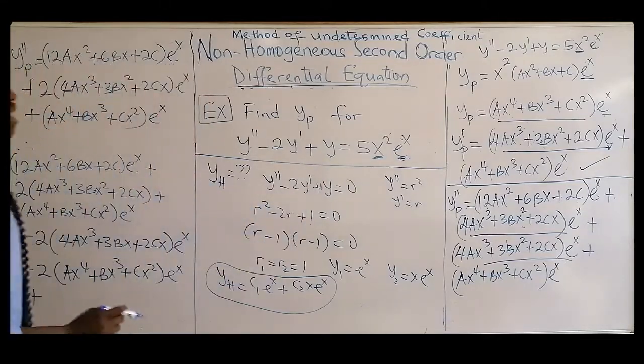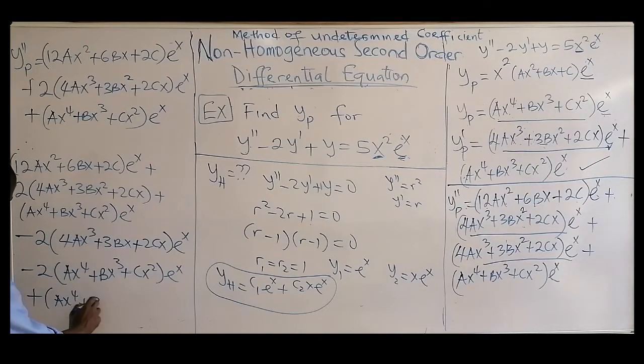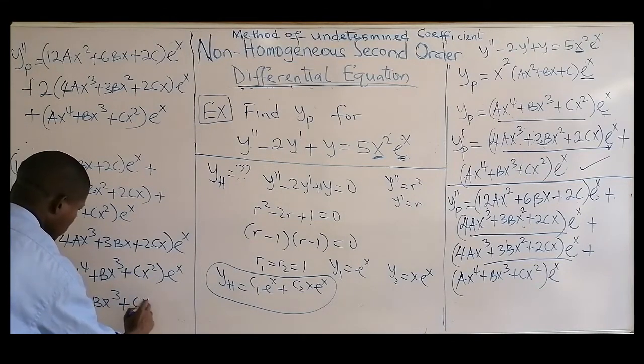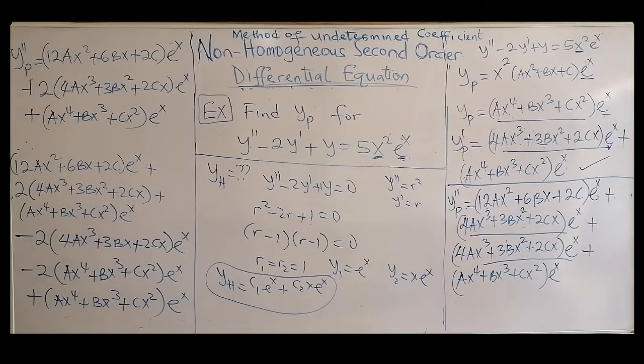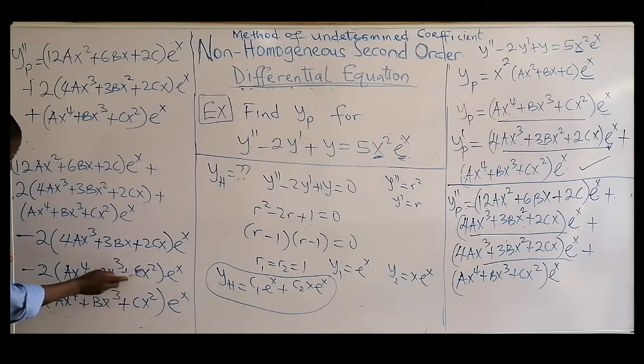what do you have here? The y. And your y is what? The y is ax⁴ plus bx³ plus cx², into bracket eˣ. So let's now check. Something we cancel out here. Something we cancel out here. You can see from here, this is 2 of this and this is 1 of these: ax⁴, bx³, cx².